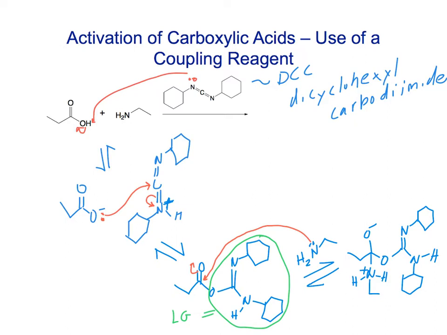Okay, we've got to do one more. We just have to deprotonate the nitrogen so it doesn't come back off as the leaving group. What should we use as the base in this reaction? Probably the amine. Okay, so our base is going to come down and pull this proton off.